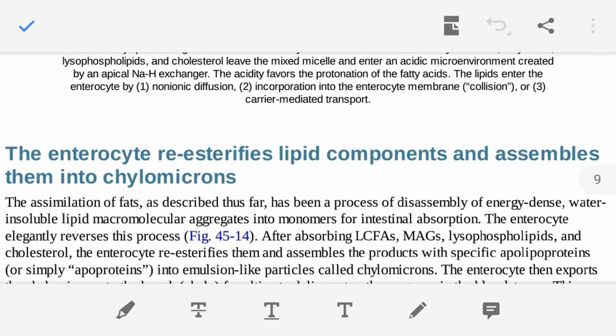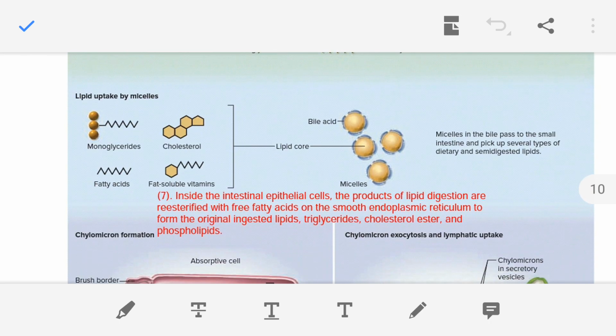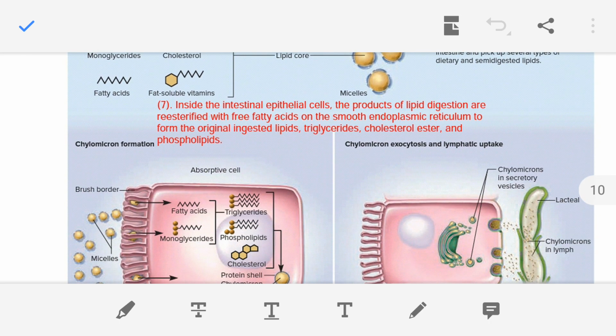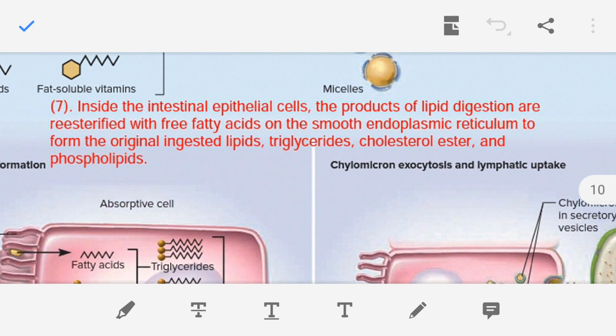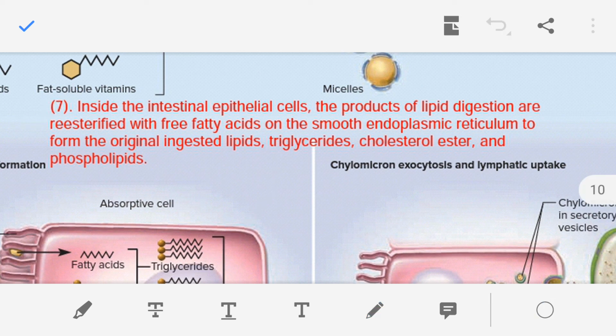Now moving on to the seventh point. Inside you can read this point, and I will directly explain what is happening. So in short, this is the enterocyte cell, and in this enterocyte cell again the lipid formation is taking place.